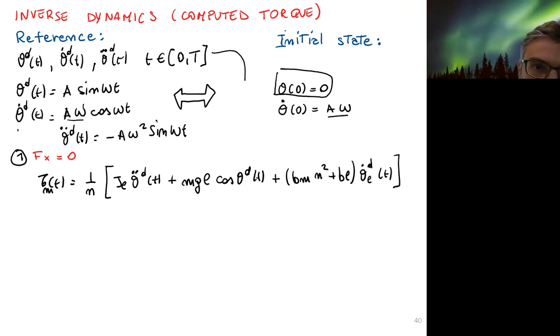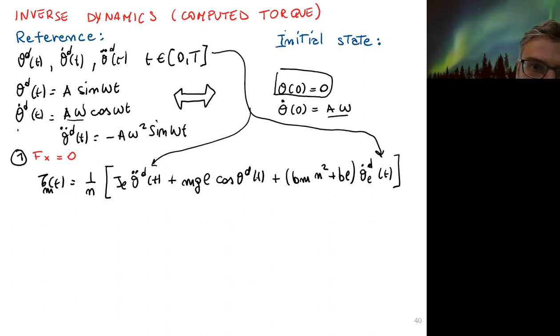We plug in velocity, acceleration, and position of a desired trajectory. We compute a profile of torque to achieve that motion, just using the model.